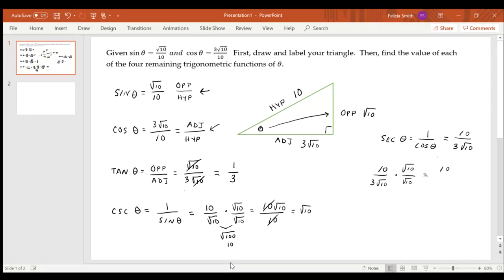That's going to give me 10 radical 10 on top. And remember when we did this part, we got the square root of 100, which was the same thing as 10. So 3 times 10 is going to give us 30. And now we can go ahead and reduce this fraction to get radical 10 on top and 3 on the bottom.